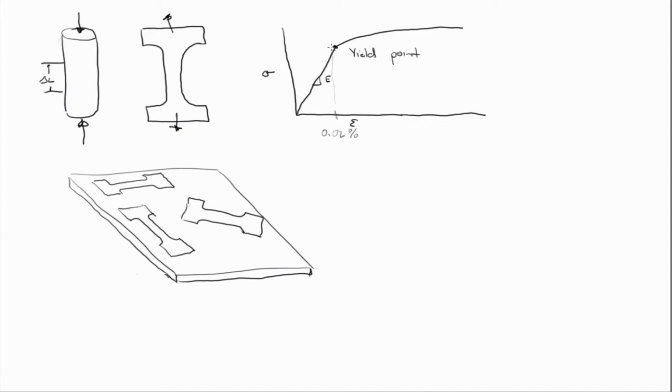Right? So if I strain it past this point and then I stop and unload it, it'll unload elastically. So it'll unload along the same slope as its initial elastic loading. It'll unload elastically, and there'll be some permanent strain, or maybe we call it plastic strain, left in the material.